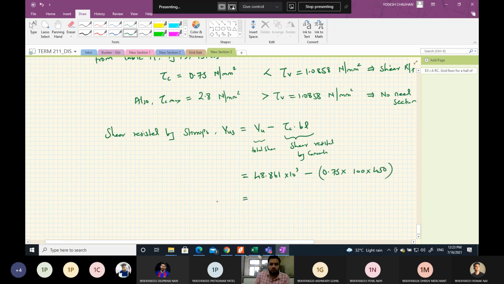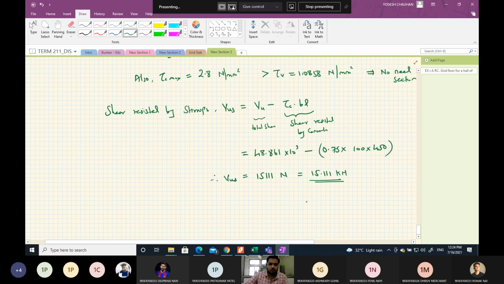So you will get VUS equals to 48.861 into 10 to the power 3 minus 0.75 into 100 into 450. It is 15,111 Newton, which is equal to 15.111 kilonewton. So this much shear is to be resisted by the stirrups.